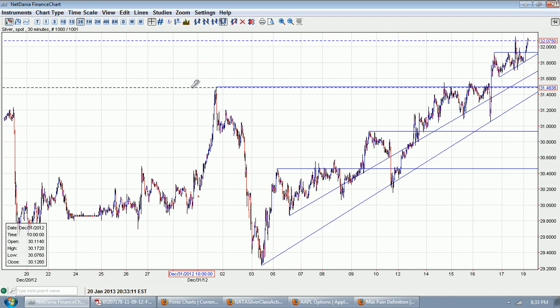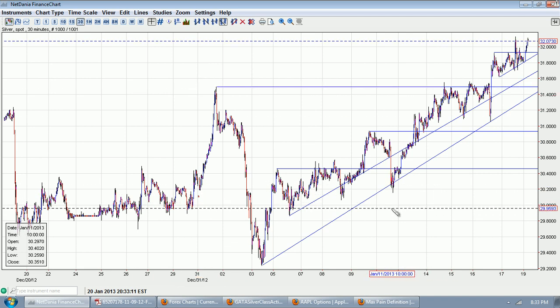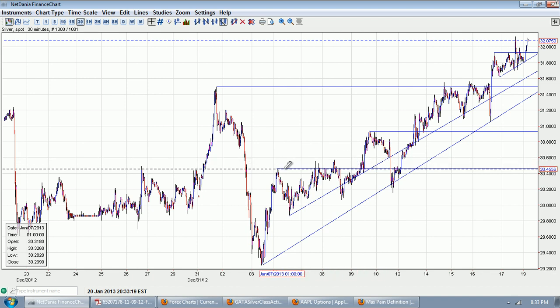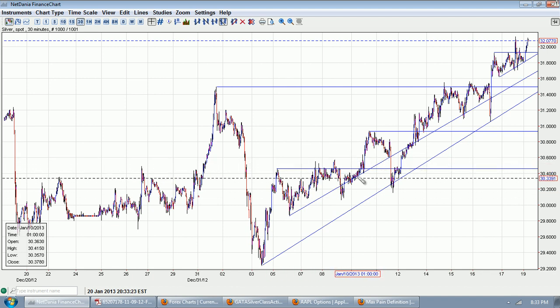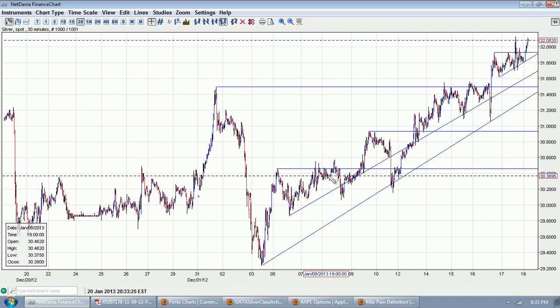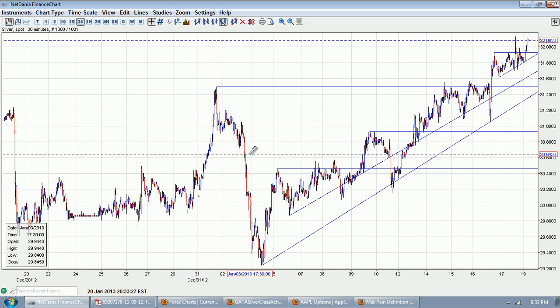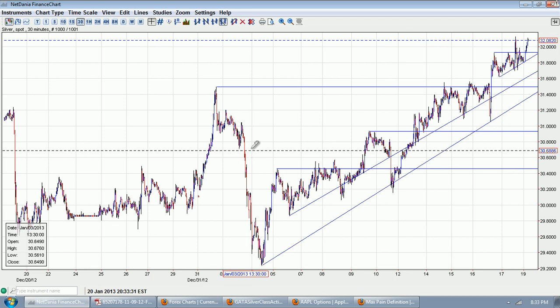The reason why, as I pointed out before in other videos, I call this the reverse battering ram effect that you're seeing here, and it has to do with support and resistance. As I pointed out before, there's always people waiting to sell. When they get even, that's what creates resistance.